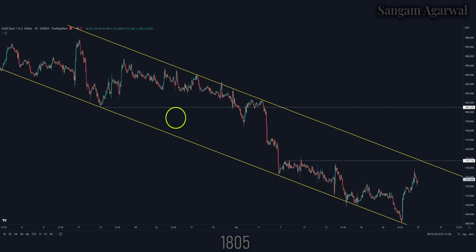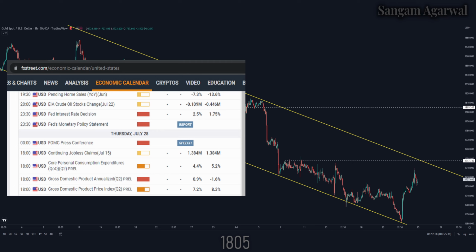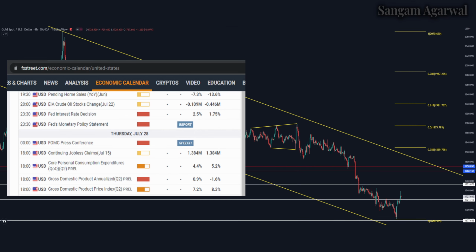Then 1805. The only key important news this week is the Fed FOMC first interest rate decision, then the monetary policy statement, then what they say in the press conference.